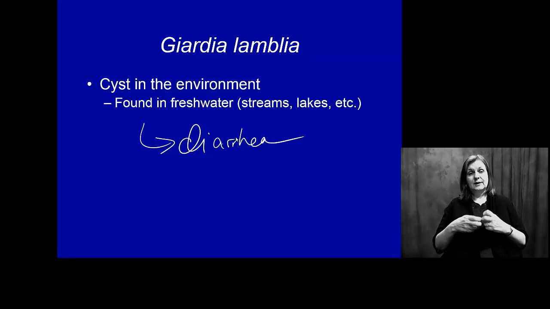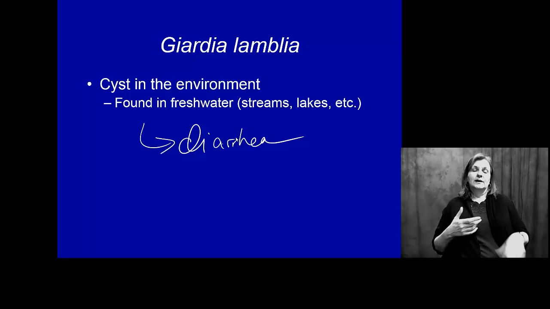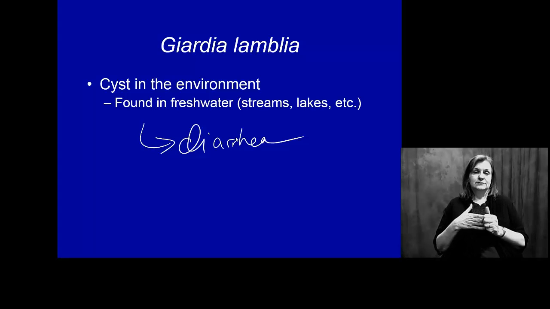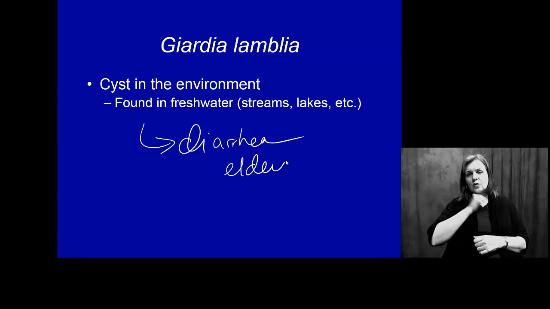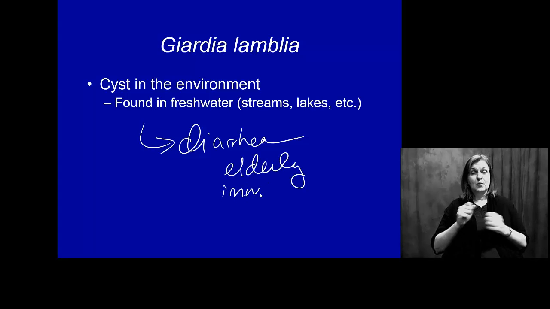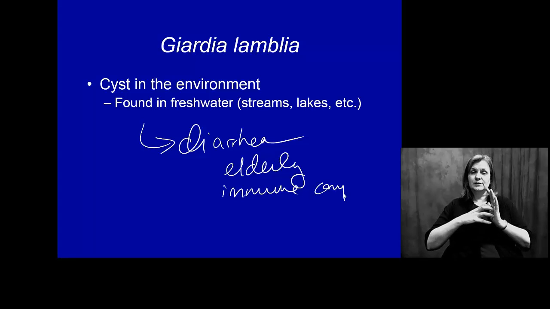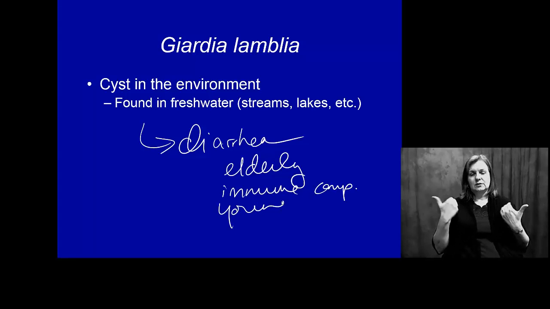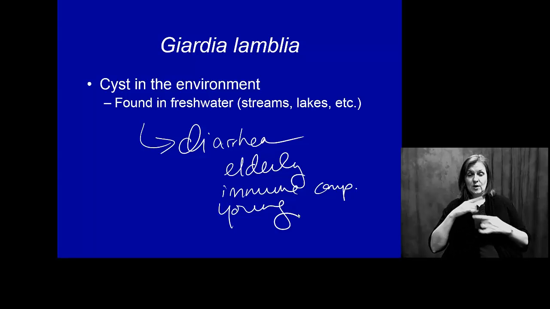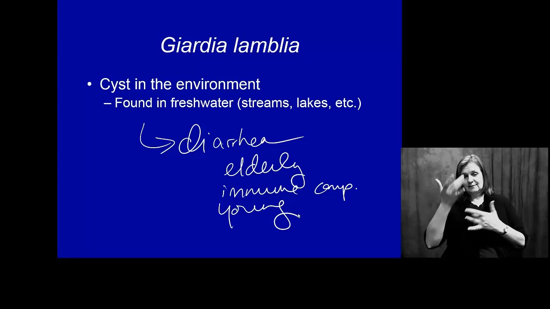And we look at the potential for debilitating and possible death associated with this illness, particularly in the elderly, the immune compromised, and the very young. So we worry about these kinds of things infecting our water supplies.